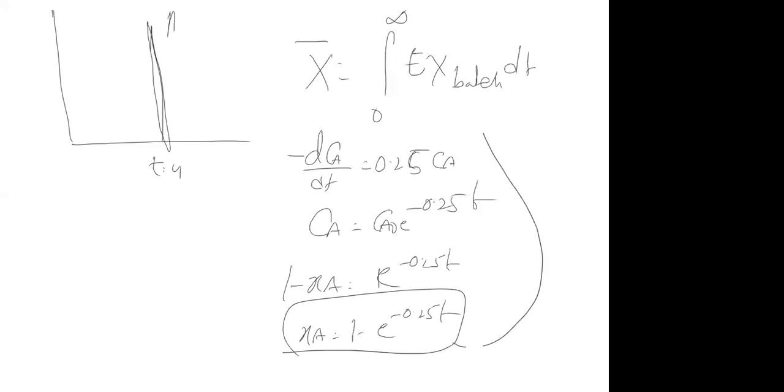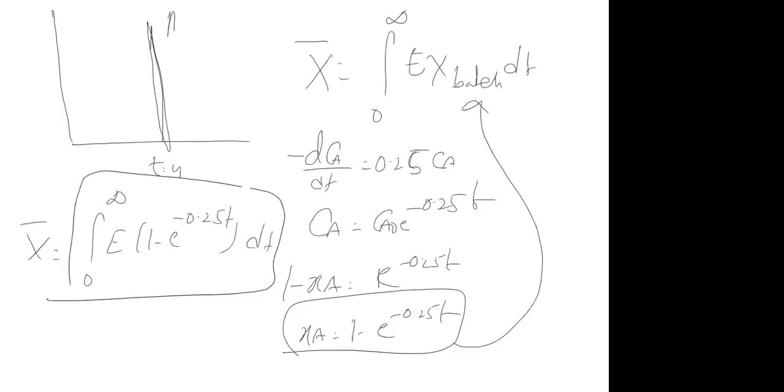If we substitute this equation, x bar is integral from 0 to infinity of E into 1 minus e power minus 0.25 t dt. How do you solve this integral? An integral is nothing but a sum of the function values. E is 0 all the way from 0 to infinity, except when t is equal to 4.